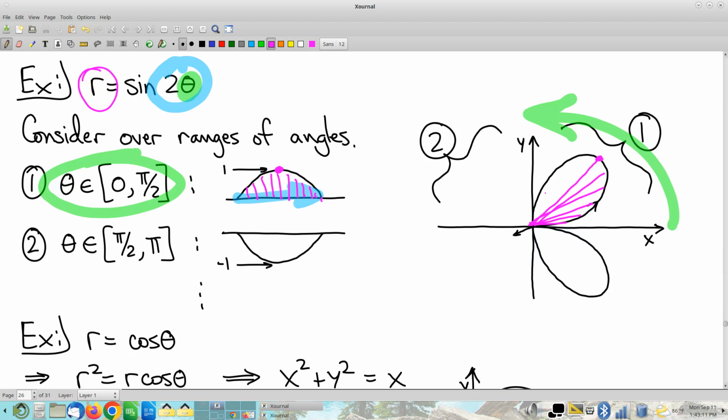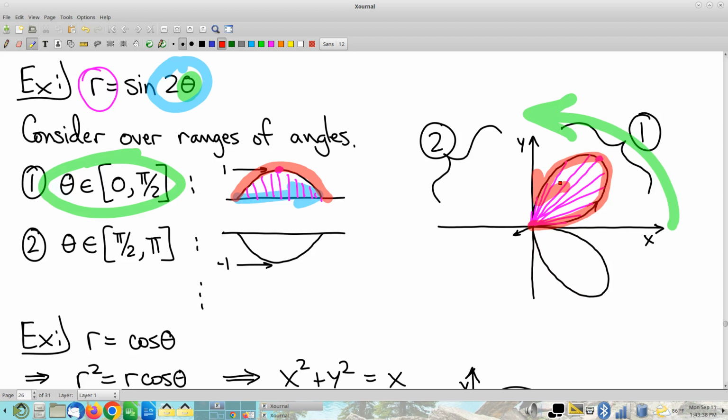And then from that point proceeding, my r values get smaller and smaller, approaching back down to 0. So in some sense, you might say that this curve in polar coordinates ends up looking more like that. Everybody with me? Kind of see the strategy and the pattern here?